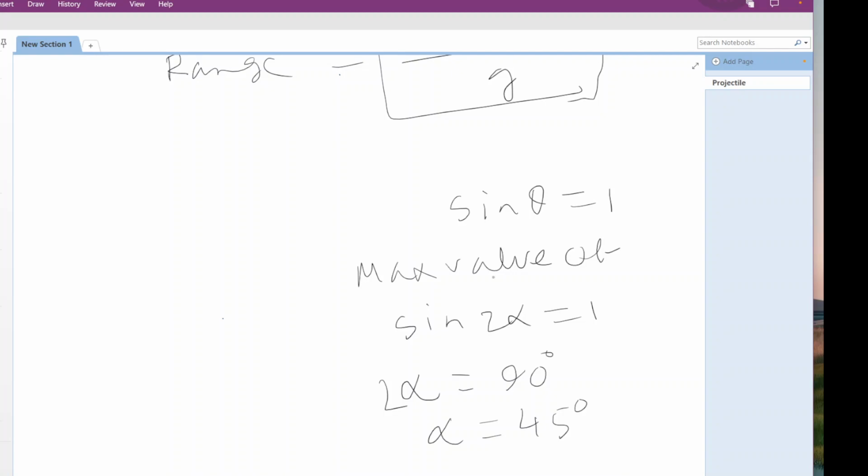That is the required angle. If the stone is projected at 45 degrees to the horizontal with the same velocity, it gives the maximum horizontal displacement.